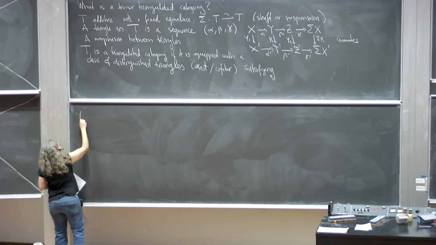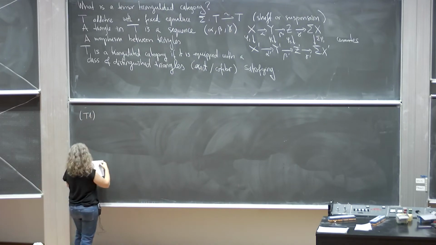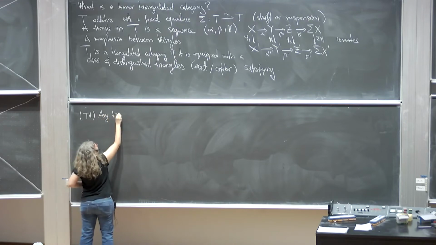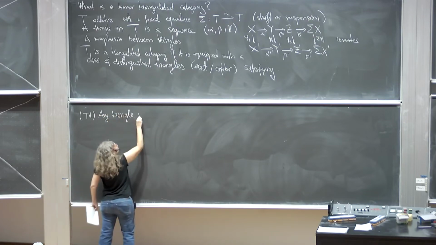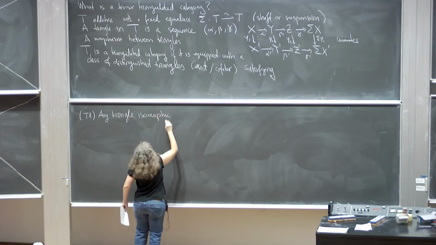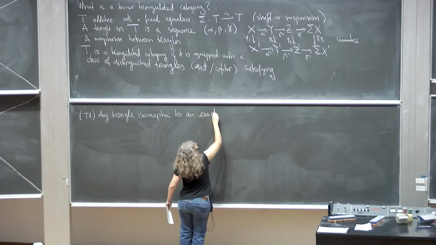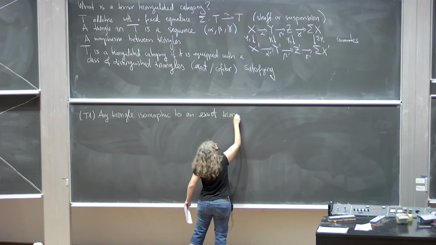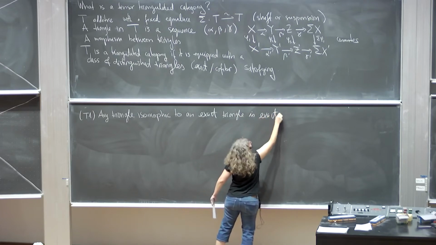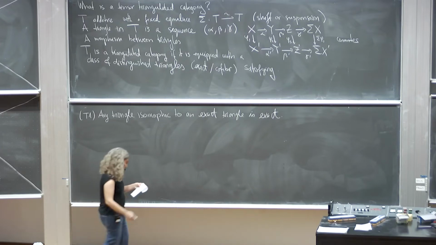The first set of conditions is that any triangle isomorphic to an exact triangle is exact. That's the first one: it's closed under isomorphism of triangles.